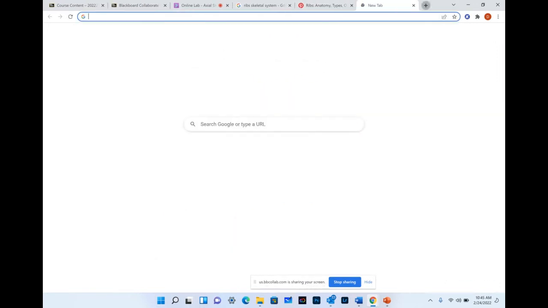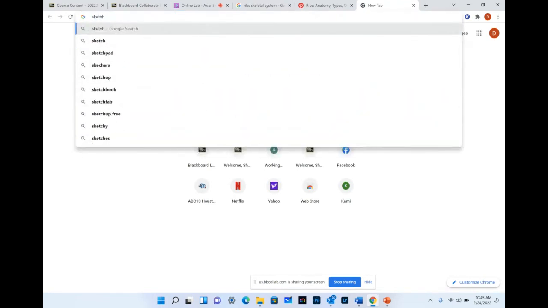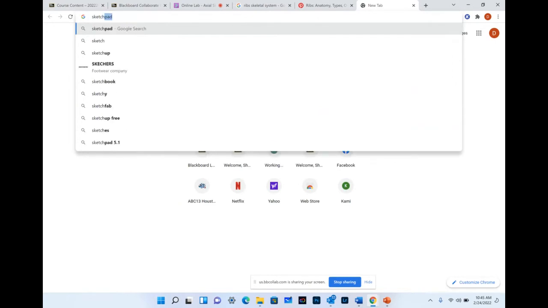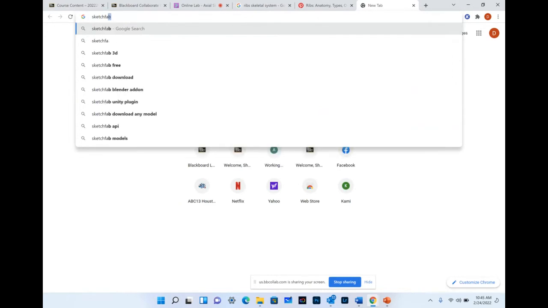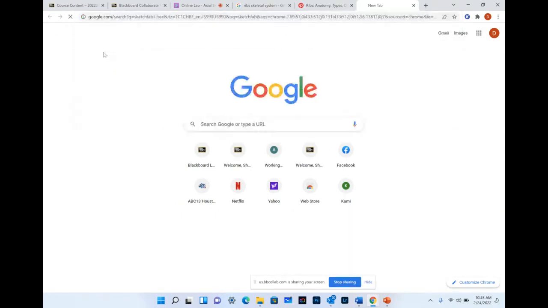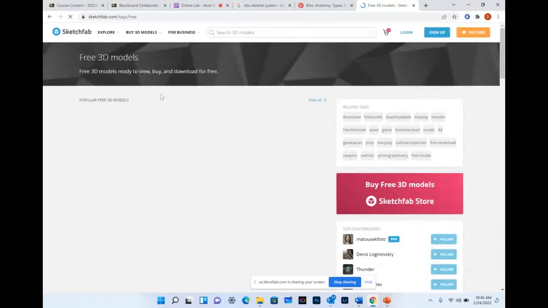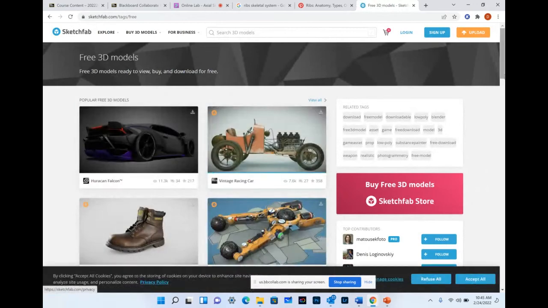I talked about Sketchfab. Now Sketchfab free, these are free 3D models.